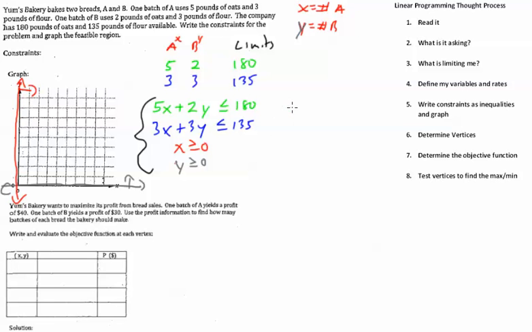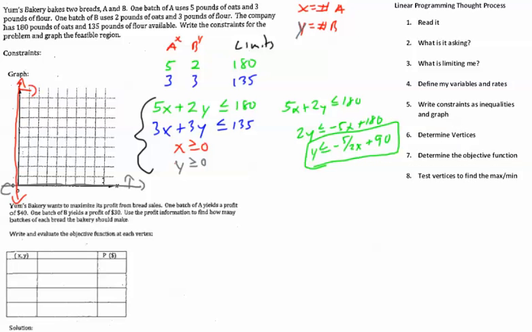Now I need to graph these things so I can find my feasible region. So I've got 5x plus 2y less than or equal to 180. 2y is less than or equal to negative 5x plus 180. Y is less than or equal to negative 5/2 x plus 90. There's 1.